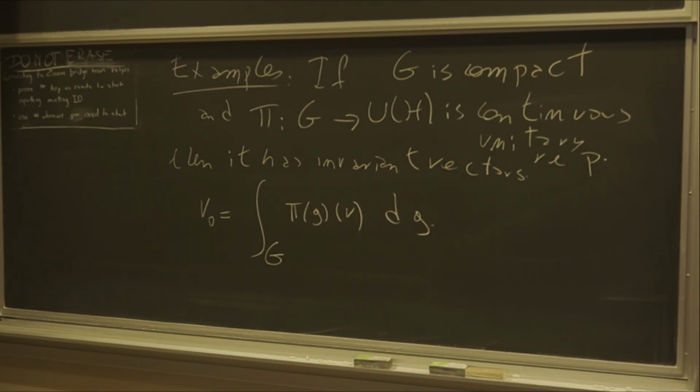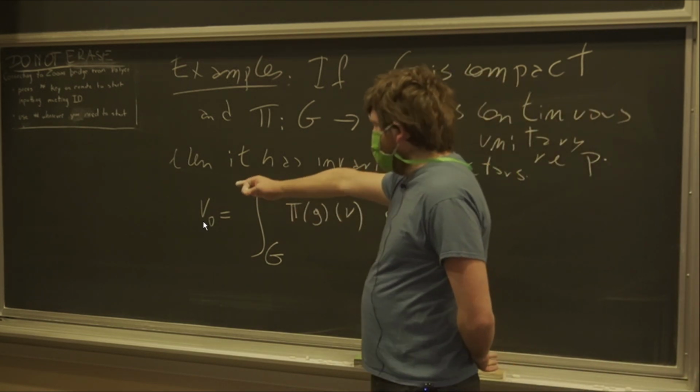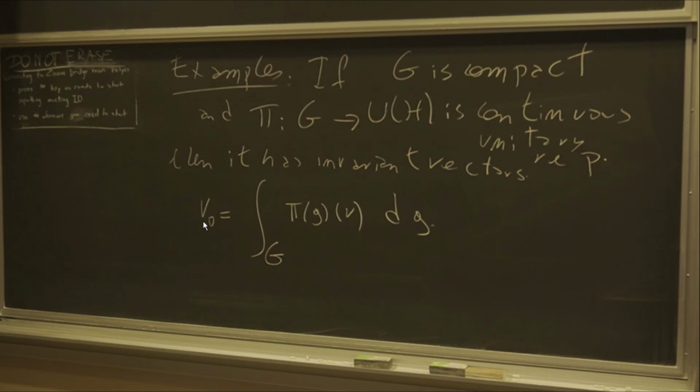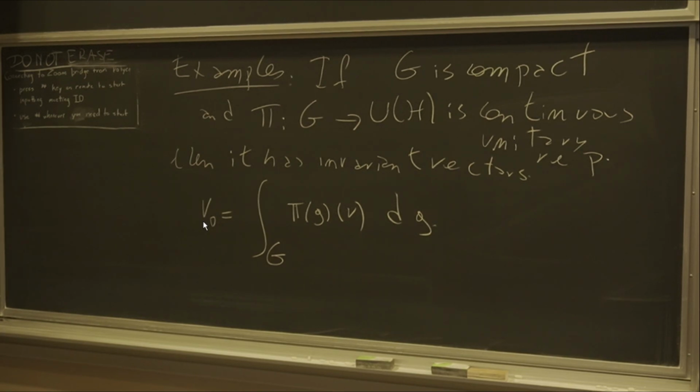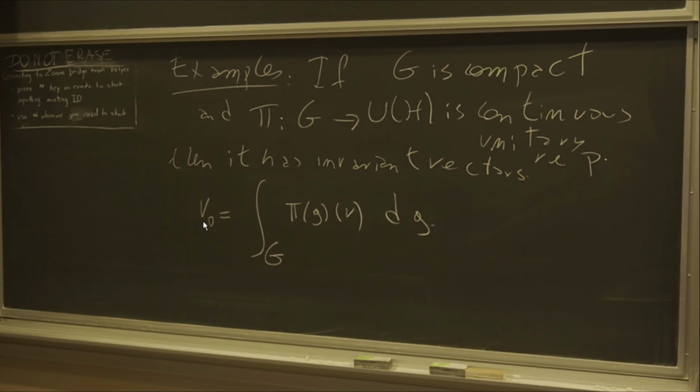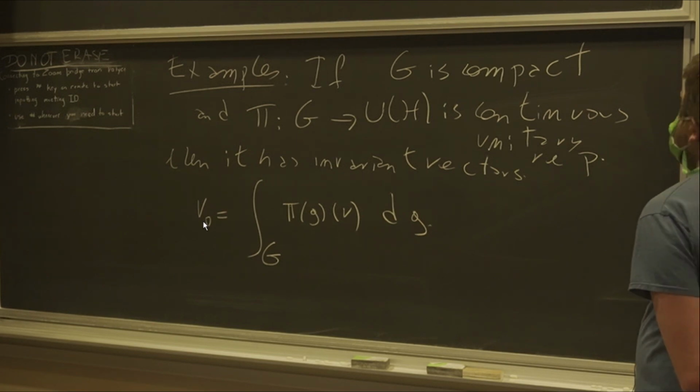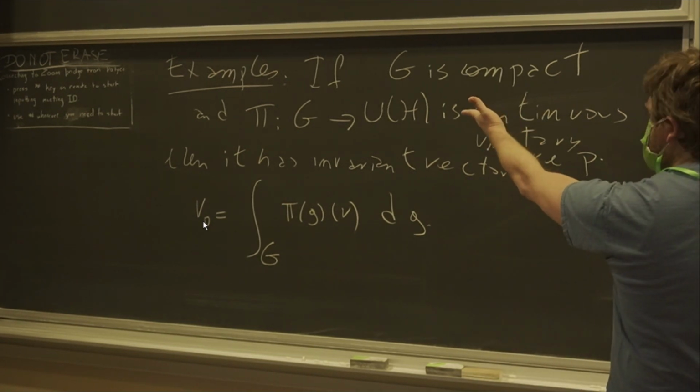And I just need to be careful that the result should not be 0. If it is 0, then it's useless for this purpose. But as soon as it is not 0, then I divide by the norm, and it is a fully invariant vector. And if it is fully invariant, then it's almost invariant for whatever epsilon you want to put. And then you are done. And this is true for every unitary representation.